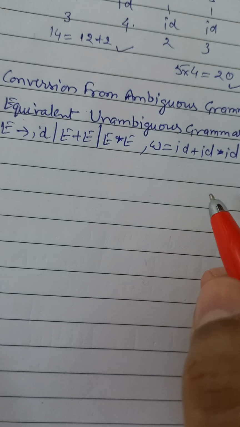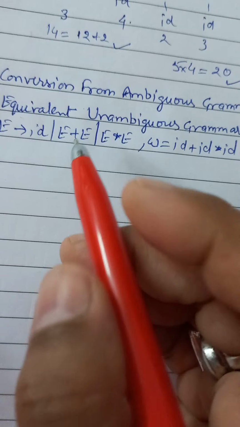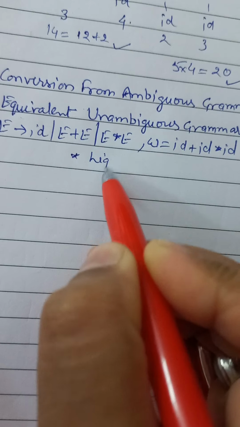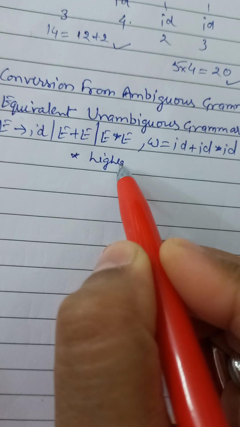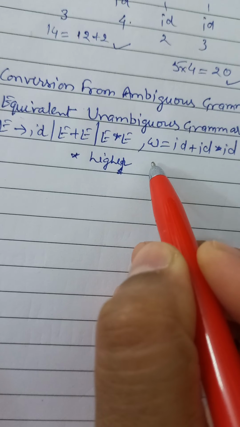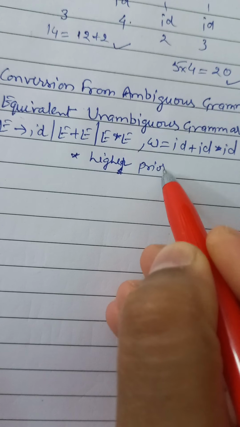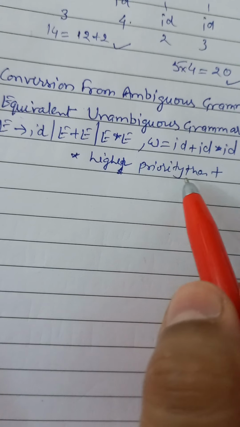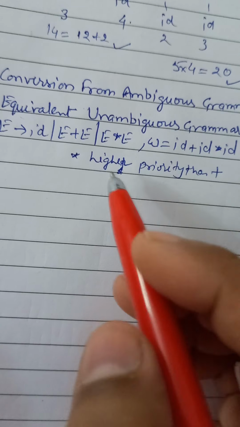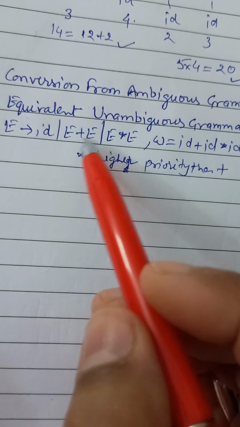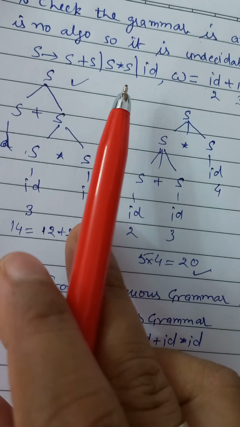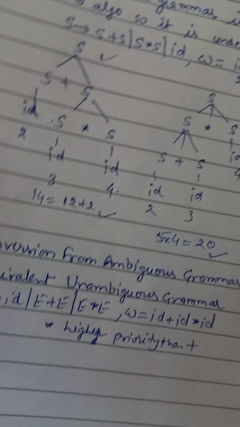According to the C language, star has higher precedence, or we can say higher priority, than plus. Star is higher priority than plus. And the grammar is ambiguous, as we know, because we have E plus E and E star E, like the earlier example, S plus S, S star S, id, only instead of S we are taking E now.